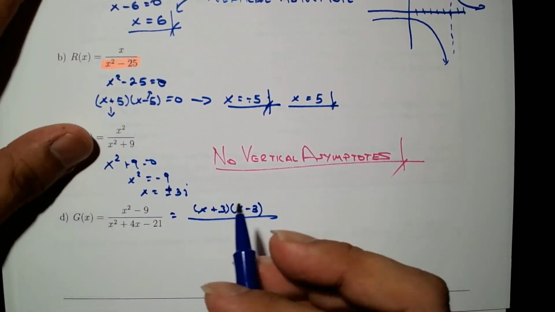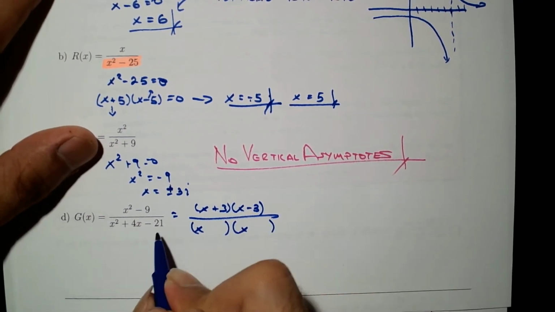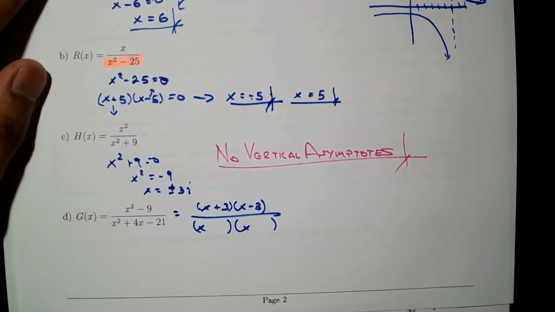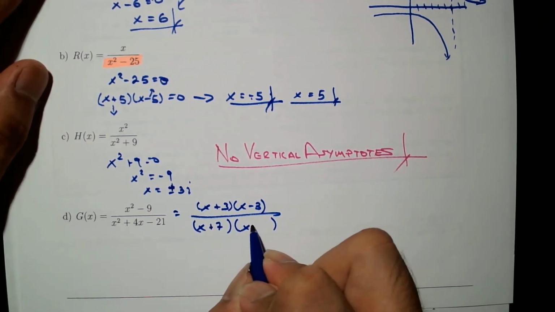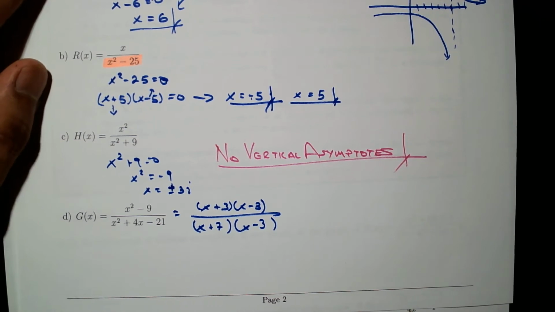And the denominator factors as well: factors of negative 21 that add up to 4. Well, I would say plus 7 and minus 3. 7 minus 3 equals 4, and 7 times negative 3 equals negative 21.